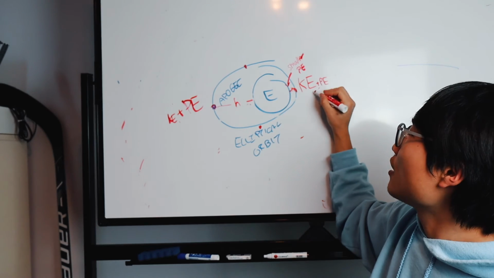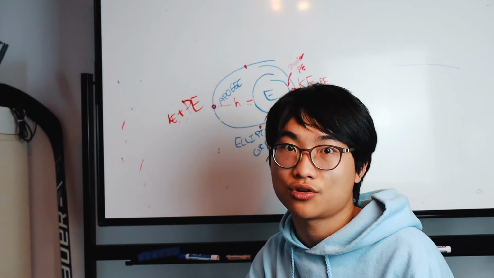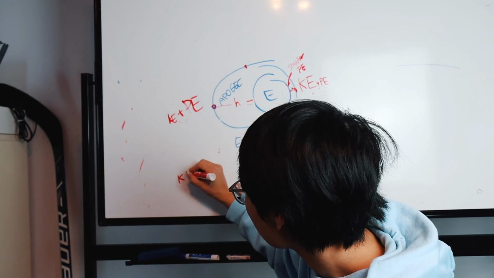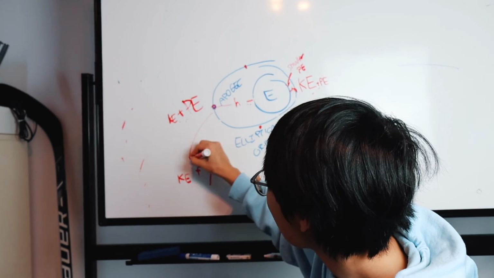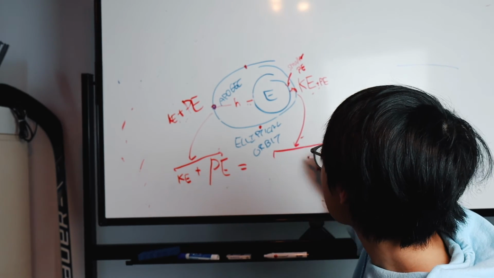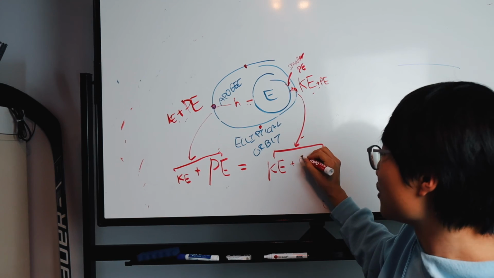So compare this value to this value. Sure, the values of the kinetic energy and potential energy are different, but if we write it down, small kinetic energy plus big potential energy, which is this point, equals, this point's going to be big kinetic energy plus small potential energy.